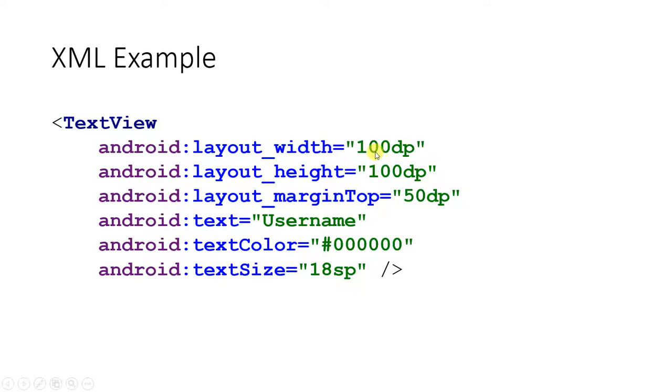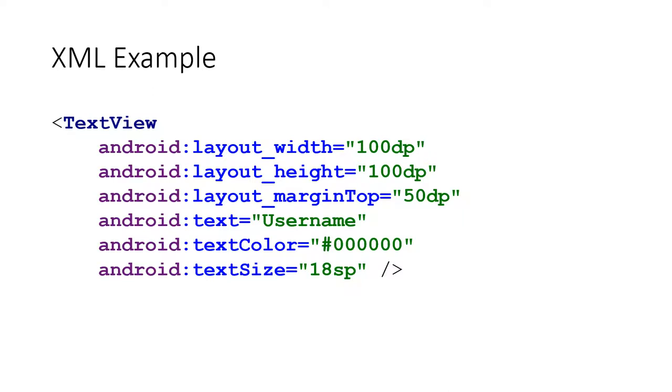For example, our attribute value for our height is 100 dp, 100 density independent pixels. The attributes which are not listed here maintain their default value. So if you are okay with the default value for the width, you don't need to list it here. You should only write the attribute for which you want to change the default value.